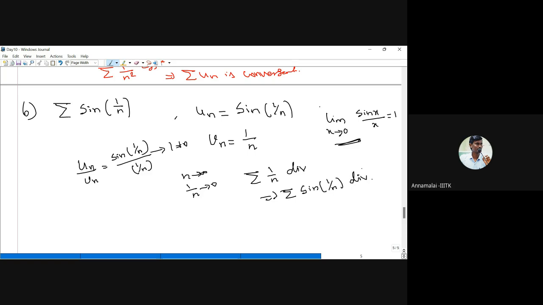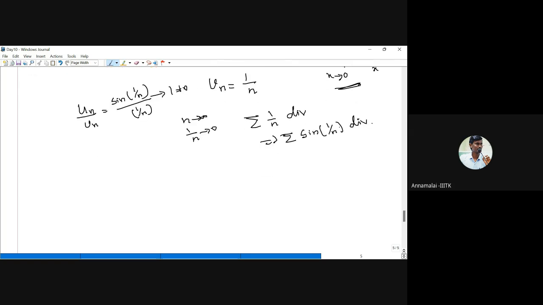Got it? Maybe this example you can quickly see the answer. Okay, so the 7th problem. Summation 1 by n power alpha plus 1 by n. Can anyone tell whether this converges or not?